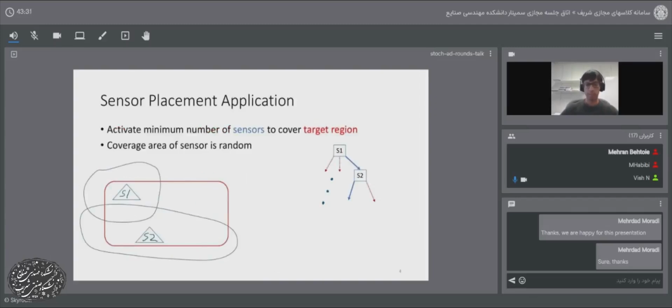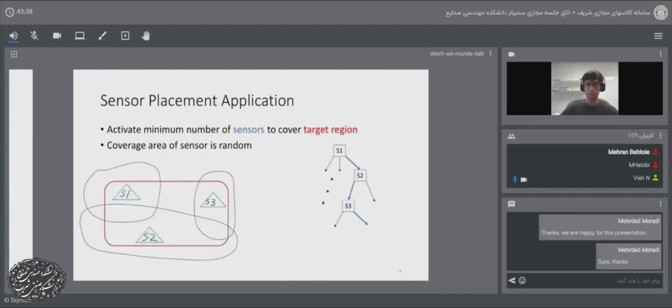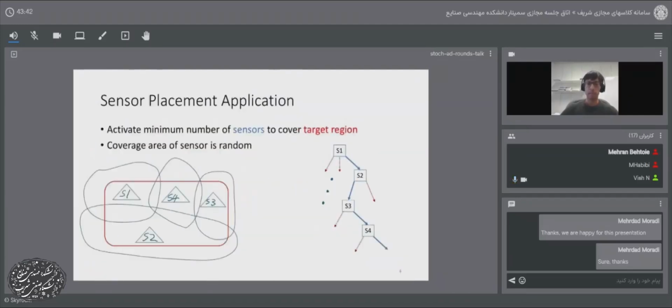That's this bigger region. And then we decide to place the next sensor, number 3, observe what that covers, place the next one, 4, observe what that covers. And at this point, we can see that collectively, the 4 sensors that we've placed have covered our target region entirely. So that's a good enough reason to stop.